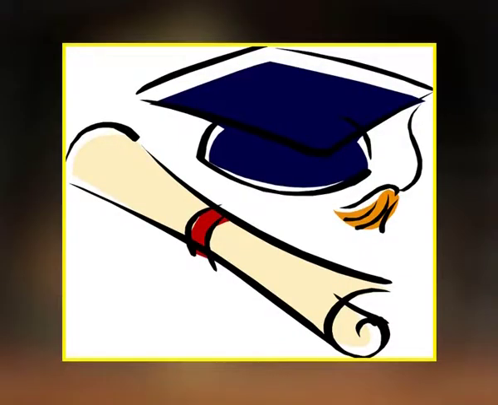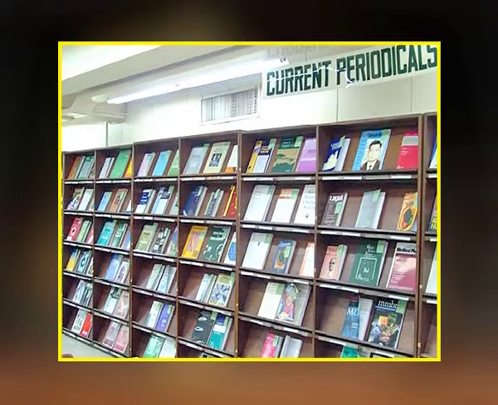Number 7th, to offer MPhil, PhD, and postdoctoral programs and award degrees in the areas like educational planning and educational administration, etc. Number 8 is to prepare, print, and publish papers, periodicals, and books in furtherance of these objectives, and especially to bring out a journal on educational planning and administration.